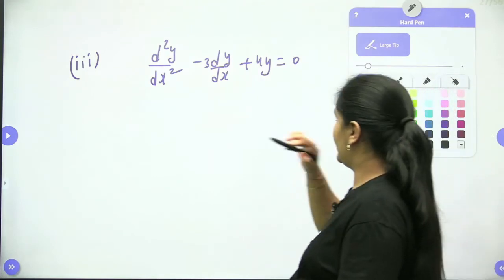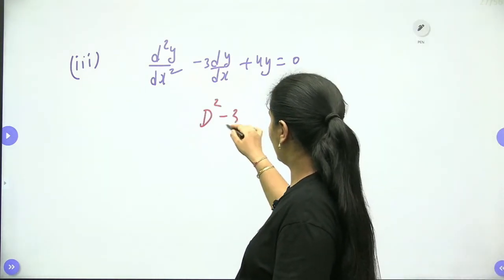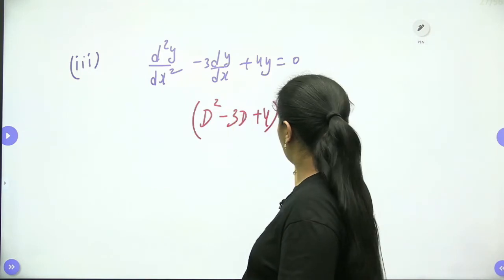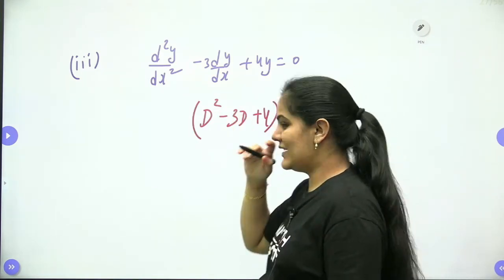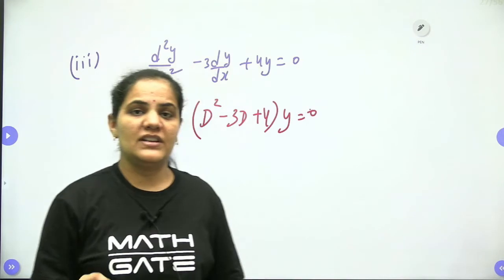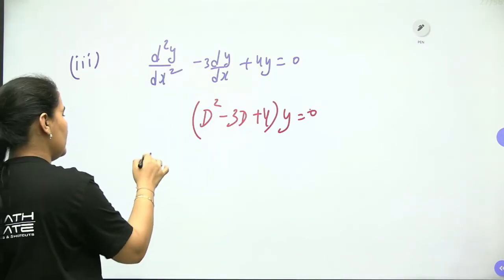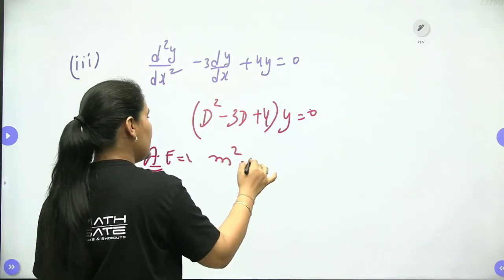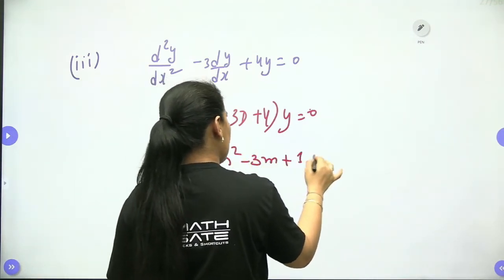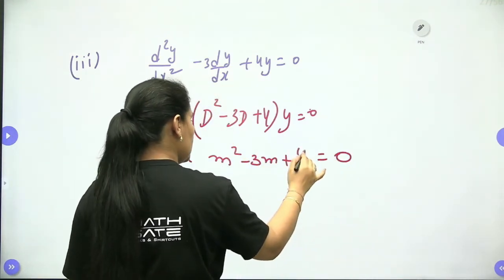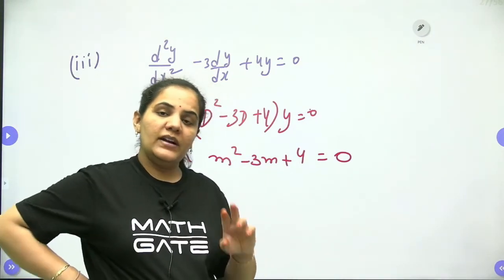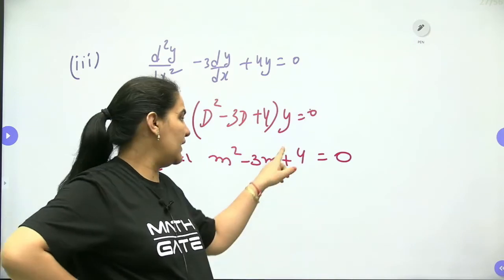When we write it down, it will be D squared minus 3D plus 4, acting on y, is equal to 0. Let's find the auxiliary equation of this one, dear students. So it will be m squared minus 3m plus 4 is equal to 0. Okay, can we find those two values whose product is 4?